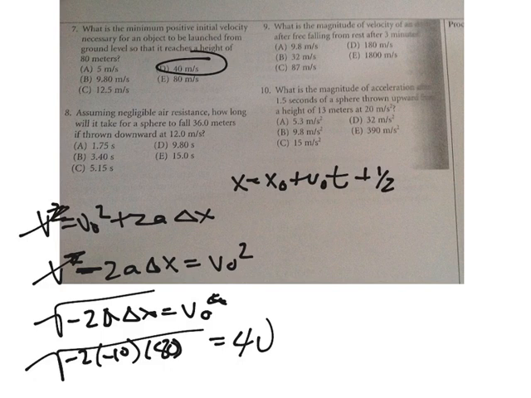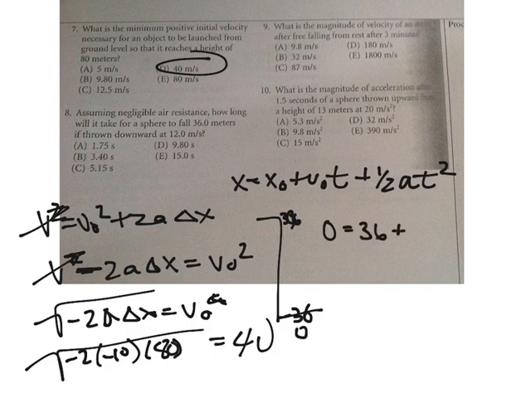You can't, unfortunately, let it cancel out, although that would be nice. If you just draw a quick sketch, we can call this 0 and this negative 36, or we could call this 36 and the final position 0. Either way is going to end up looking like this when we manipulate it.